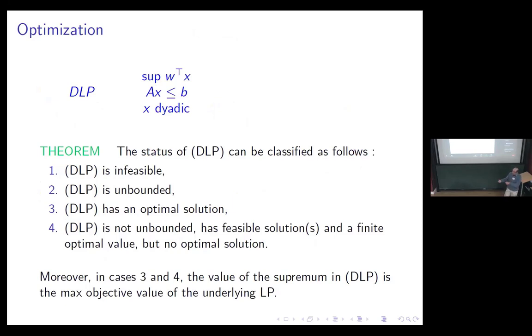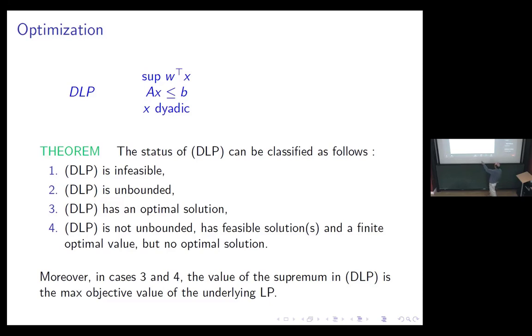And then we can just talk about optimization. Essentially, the theorem is that a dyadic linear program can be classified as either infeasible, or unbounded, or it has an optimum solution, which all looks very much like standard LP. But there's also a fourth situation, and that is that the dyadic LP is not unbounded.